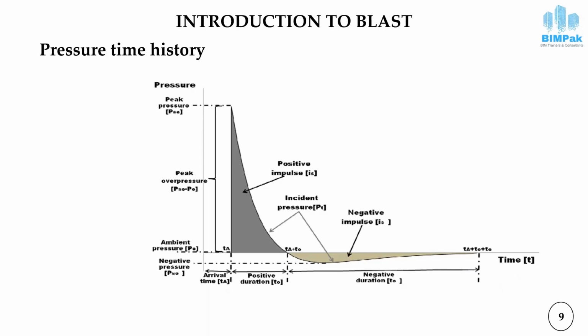So there a negative pressure is created, and the air from the near surroundings will then move toward the center of the explosive material. And that is called the negative phase of the shock wave. So here we can see that the negative duration of the shock wave is much higher than the positive duration of the shock wave.